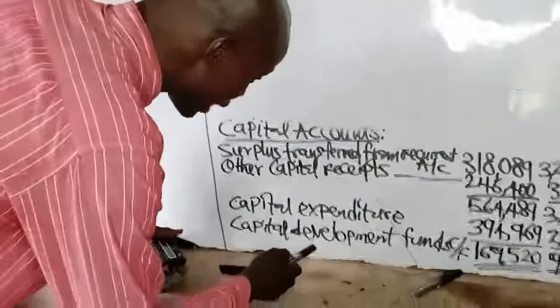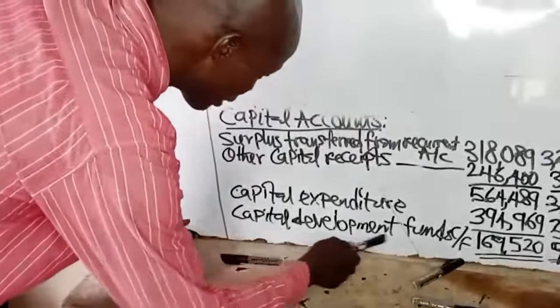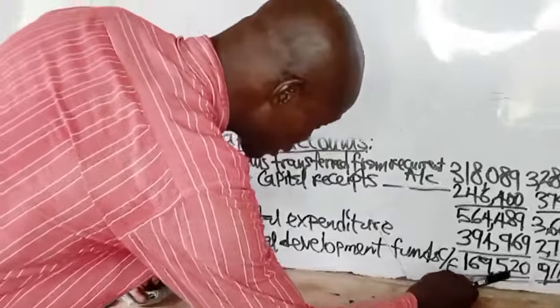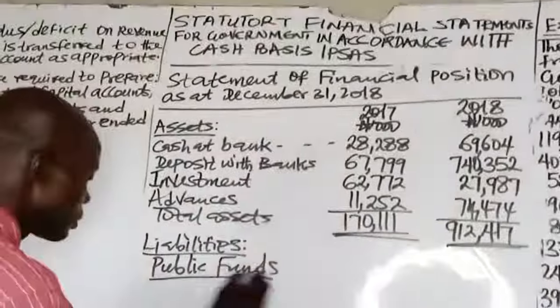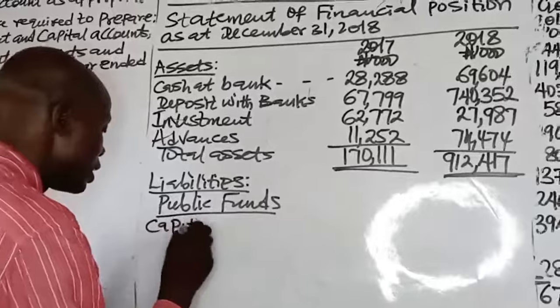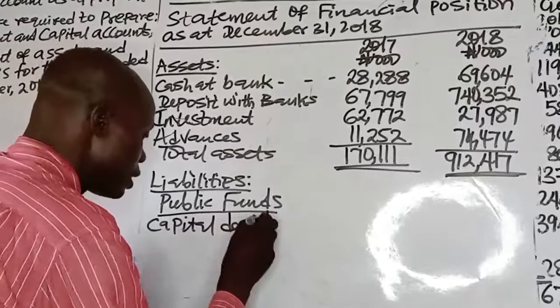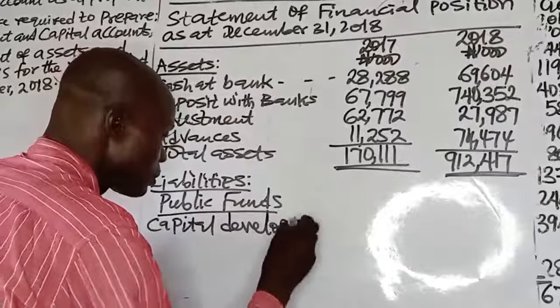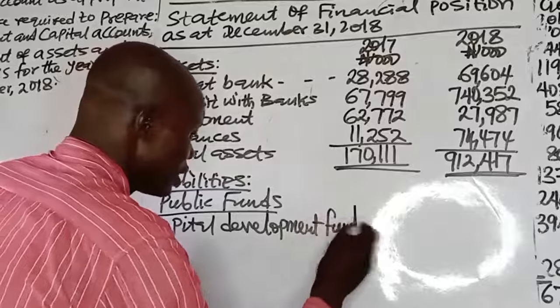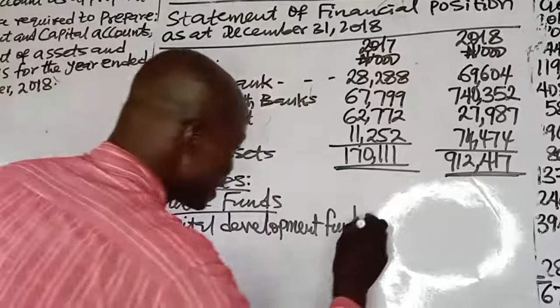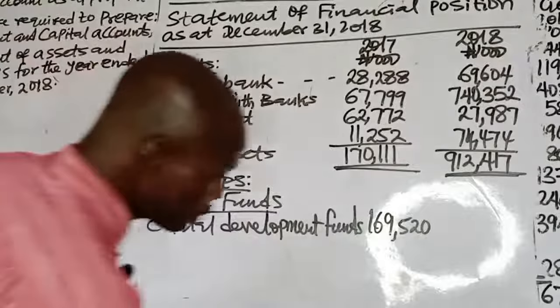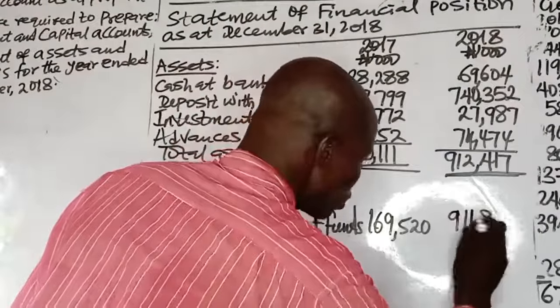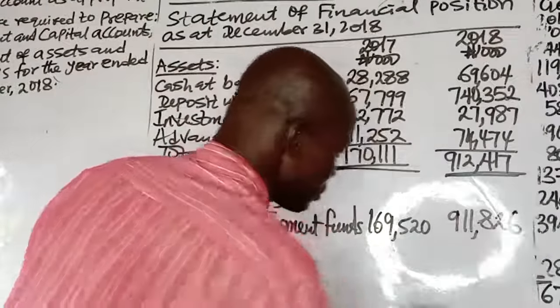Then for our consolidated financial statements, we have capital development funds carried forward. 2017, we have 169,520. 2018, we have 911,826.